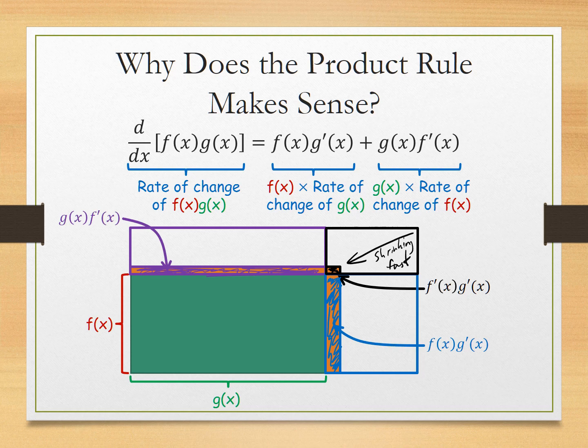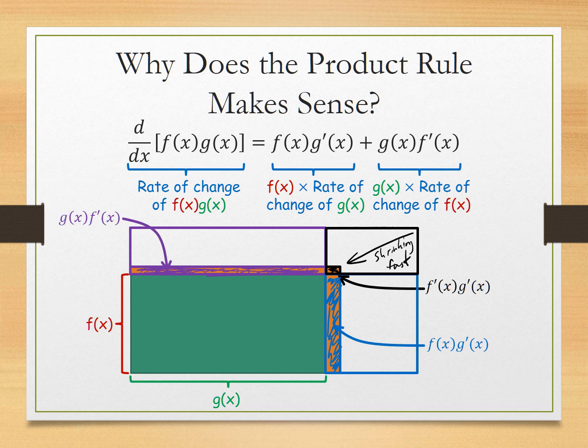As the change in height gets smaller, this area becomes smaller proportionately. As the width becomes smaller, the blue area becomes smaller proportionately. But the black area here goes down much faster than twice as fast, since it goes down at the product of the change in height and the change in width.